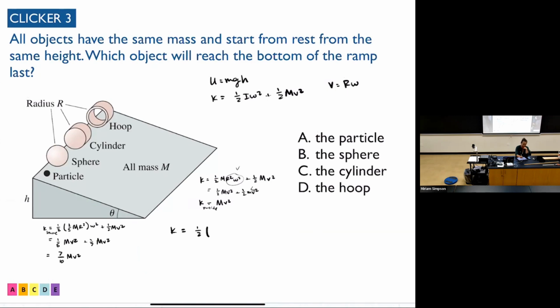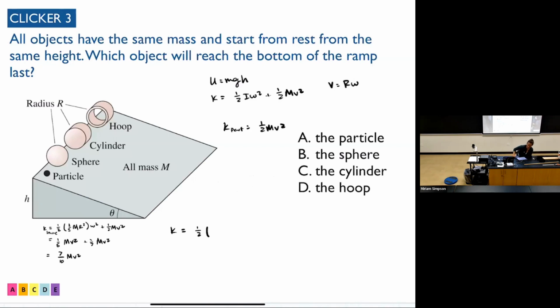I messed that up. For the particle, doesn't matter what the moment of inertia is. What's the kinetic energy for a particle? Well, can a particle rotate? It's a dot. No. So K for the particle is just 1/2 mv squared. We did math for nothing. I'm sorry.